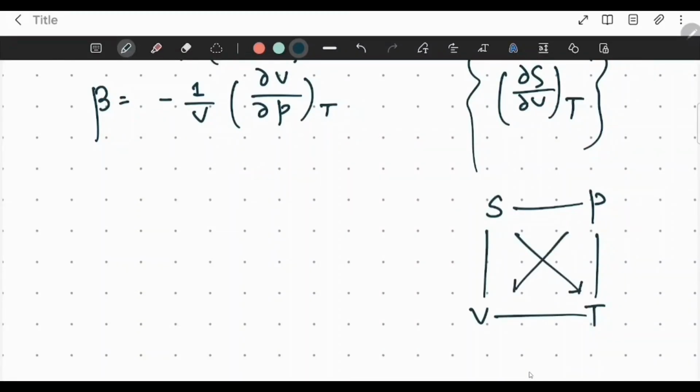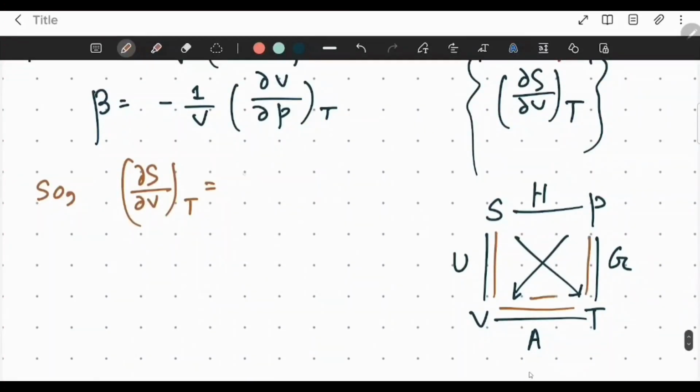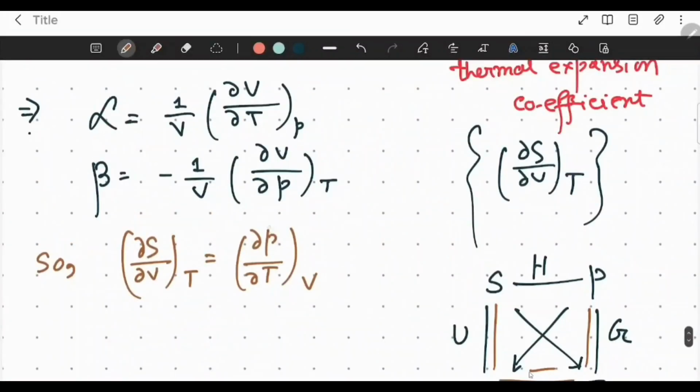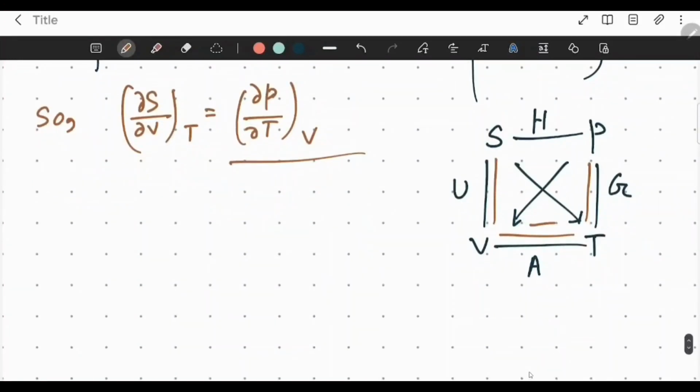We know how to use this. From the Maxwell relation, we can directly write del S del V at constant T equals del P del T at constant V. There will be both same in sign.